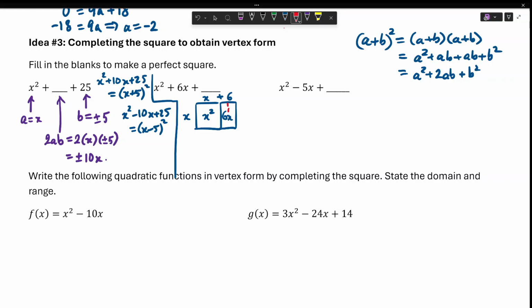Now we're going to cut this in half, and take this rectangle and move it over here. If you think about the areas, this rectangle should be only 3x now, and this should also only be 3x. So the dimensions now are x and 3, x and 3.